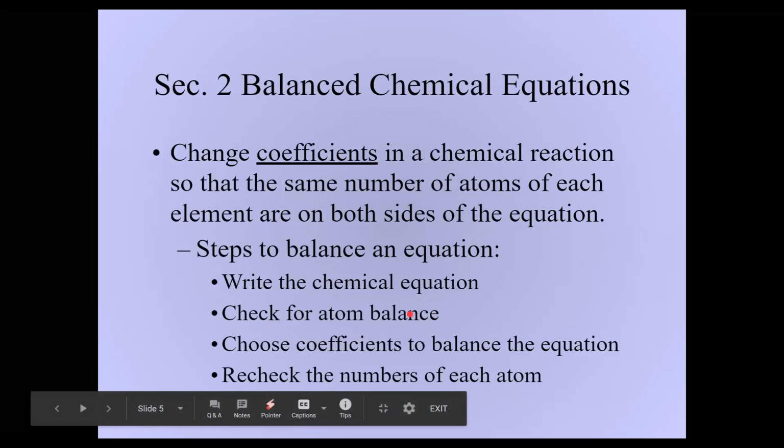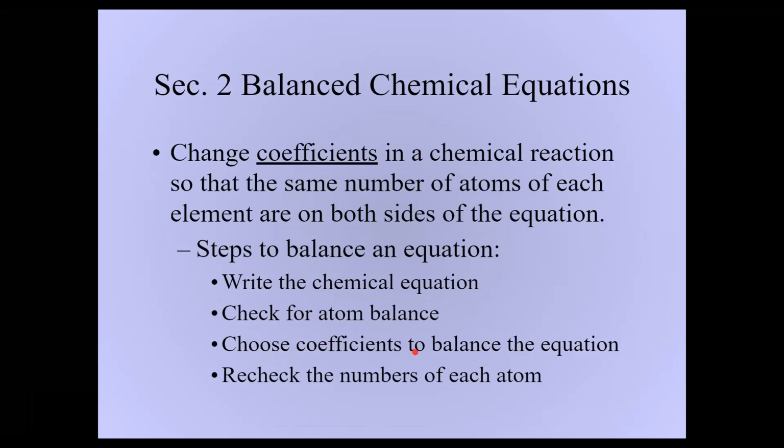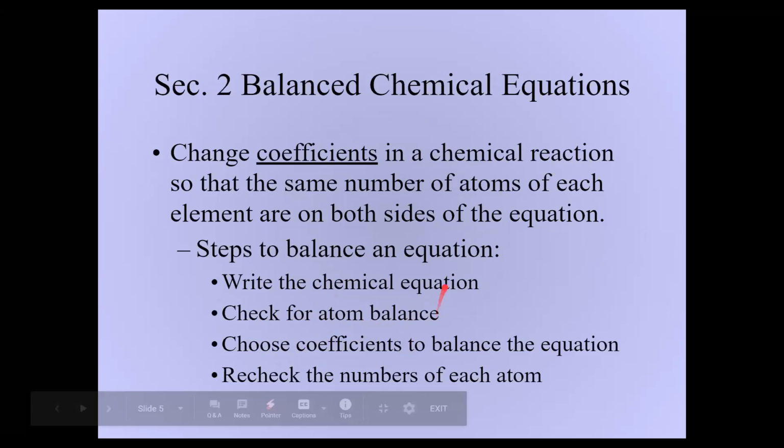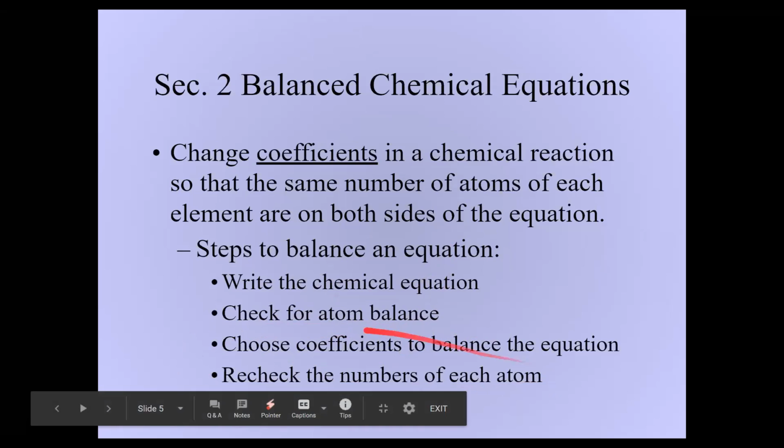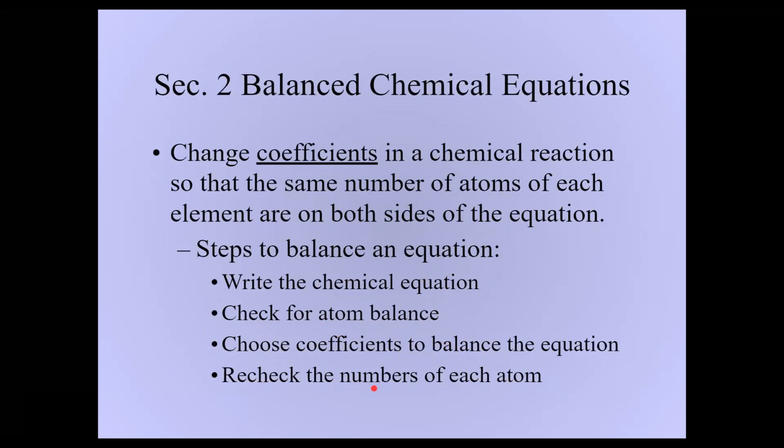If we're not balanced, we're going to pick some coefficients that we think will balance the equation. We'll add those big numbers in the front of our chemical symbols. And then we'll go back and recheck for atom balance. We'll go back and see, okay, now that we've added in these coefficients, did we actually end up with a balanced equation?